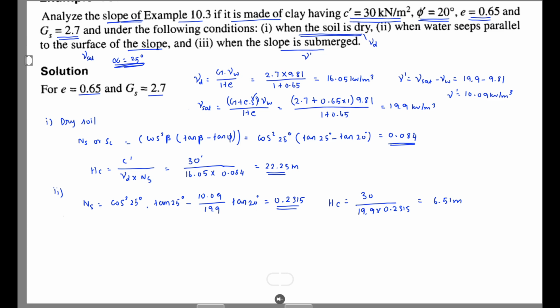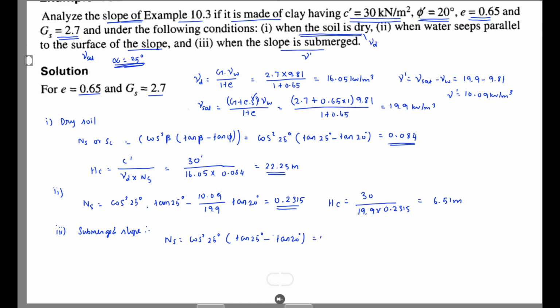Next is the submerged slope. For the submerged slope, Ns equals cos square 25 degrees into (tan 25 degrees minus tan 20 degrees).